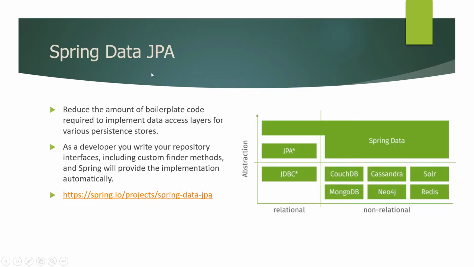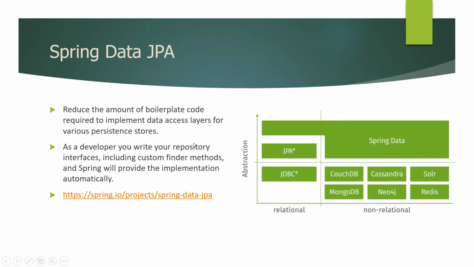Now, what is Spring Data JPA? Spring Data is part of the Spring Framework, and Spring Data JPA is part of Spring Data. Because in Spring Data, we have some child projects like Spring Data JPA, Spring Data JDBC, and Spring Data JDIC. But in this video, I focus on Spring Data JPA.